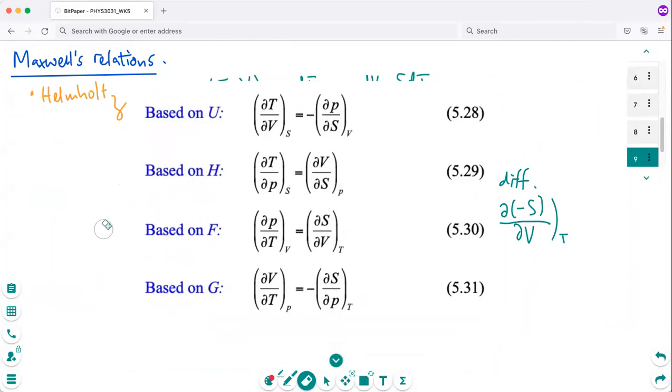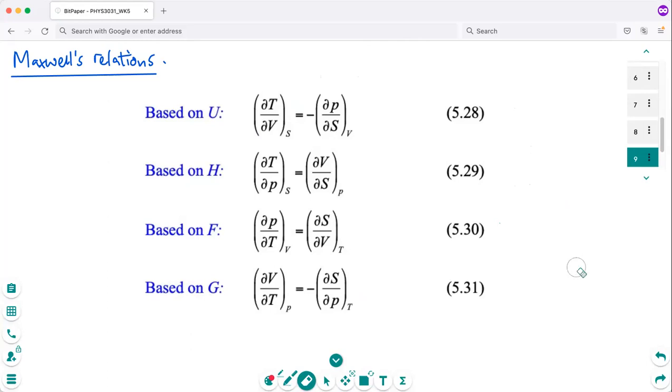Okay, so do you want to memorize this? If you want, you can try. In the textbook, they provide ways for you to remember. For example, you can see some pattern. You can develop your own pattern, or you can look at the textbook. For example, when you see T in the numerator on the left-hand side, on the right-hand side you have S. These conjugate variables look like they are on the diagonal, right?